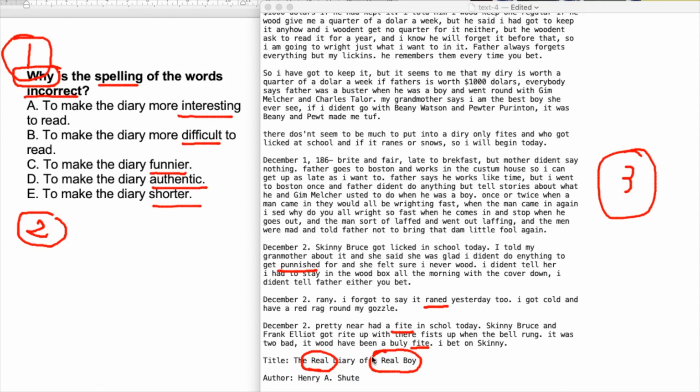And the word real here is sort of a key thing that points to this idea of the diary being authentic, and that's why they've made the spelling of the words incorrect, because they want to represent that it is the real diary of a real boy, and a real boy would probably spell these words incorrectly when they're starting out.